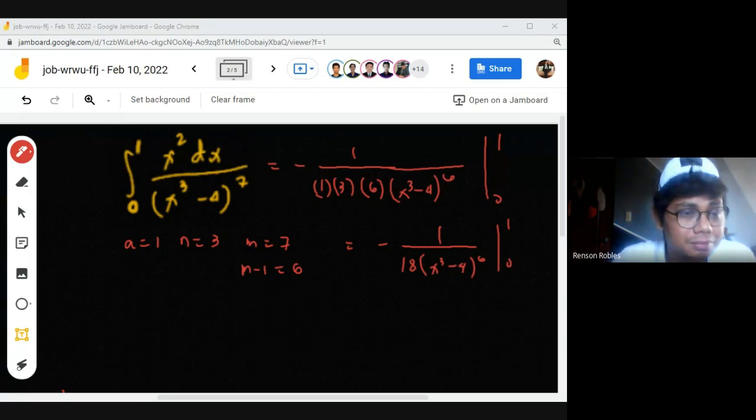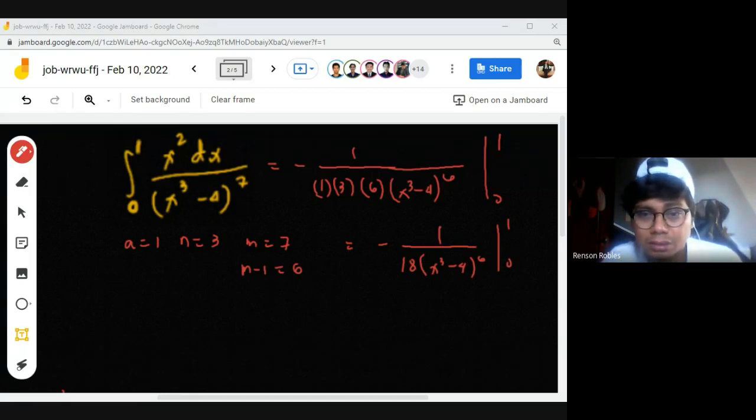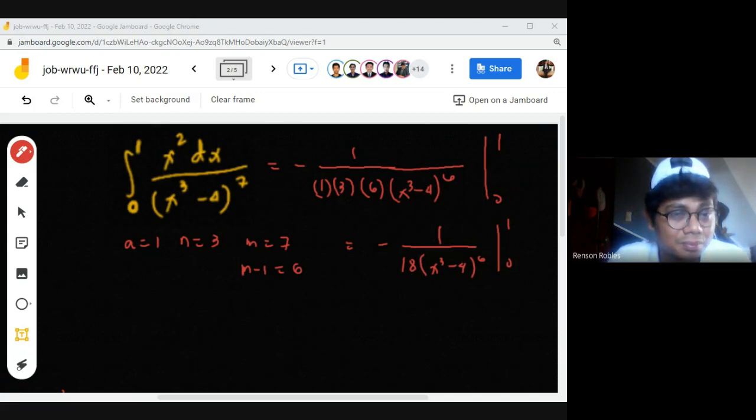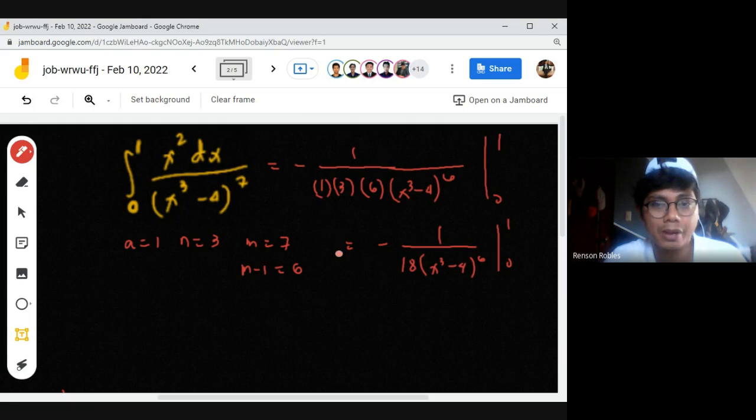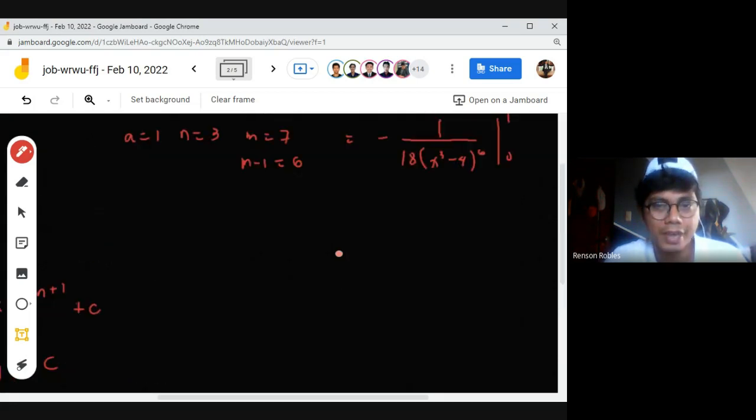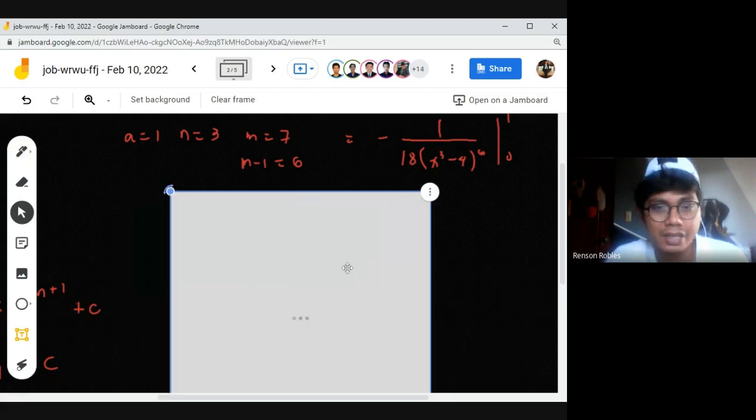Problem number 9. Whenever the degree of the numerator, or the power of x on the outside, is greater than the power of x inside.